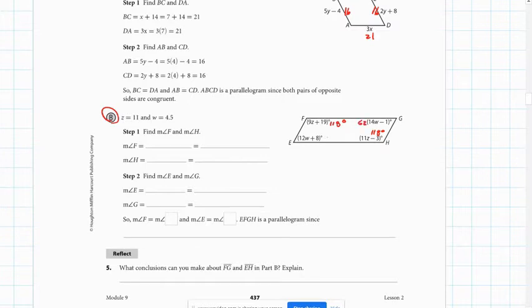And this one, 12 times 4.5 plus 8, is also 62. Since opposite angles are congruent, the figure must be a parallelogram. So angle F is 118 degrees.